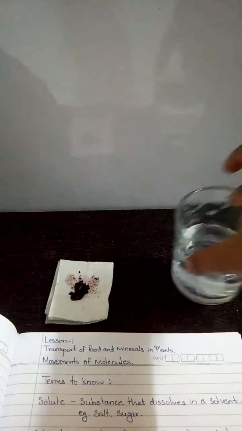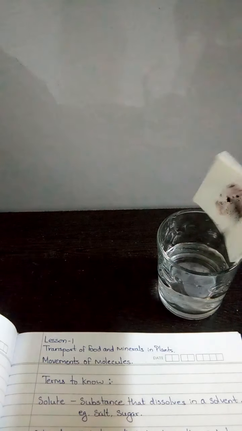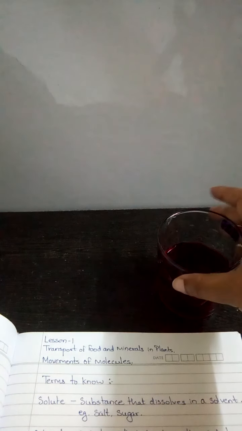Okay, so today we are going to make a solution. So here is the solute, here is the solvent. Now what we are going to do, we are going to put this solute into the solvent. So what will happen? Here you see a solution has been made. If we stir it, it makes up a solution.